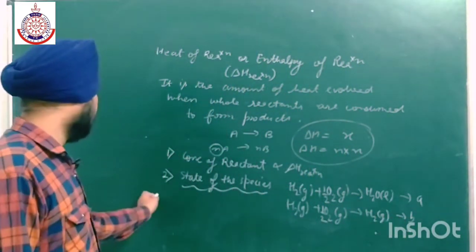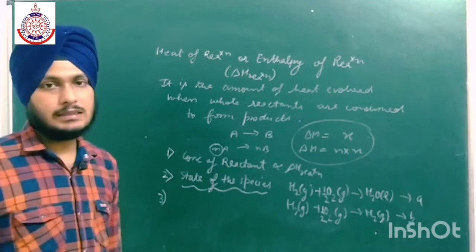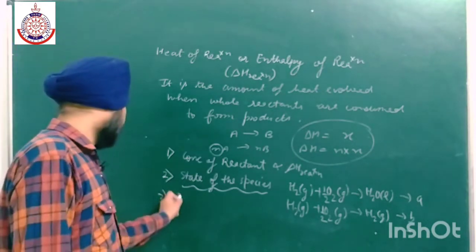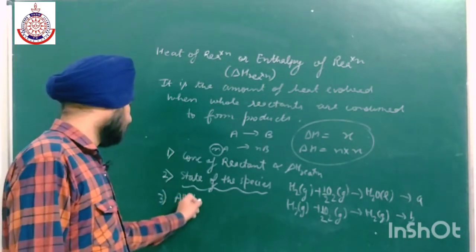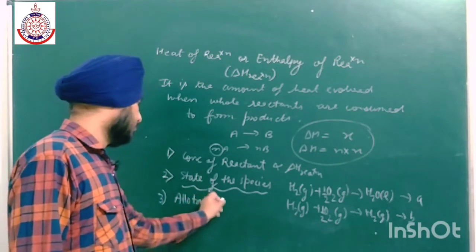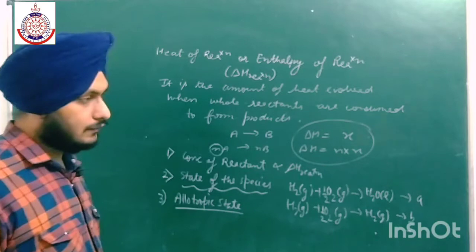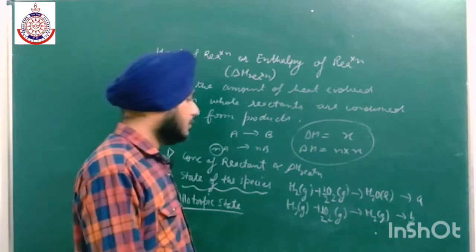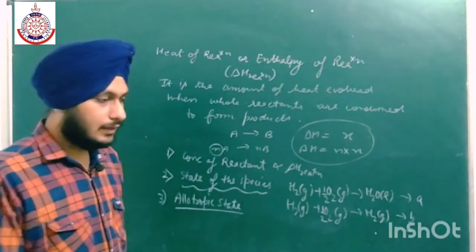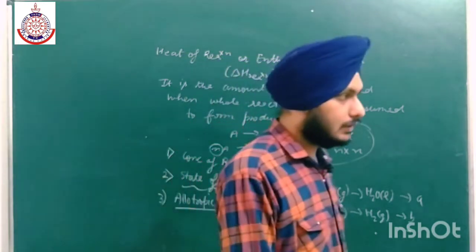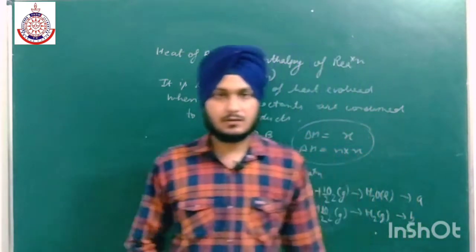The third point is the allotropic state. If an element has other allotropic forms, then delta H is different for the different allotropic forms.